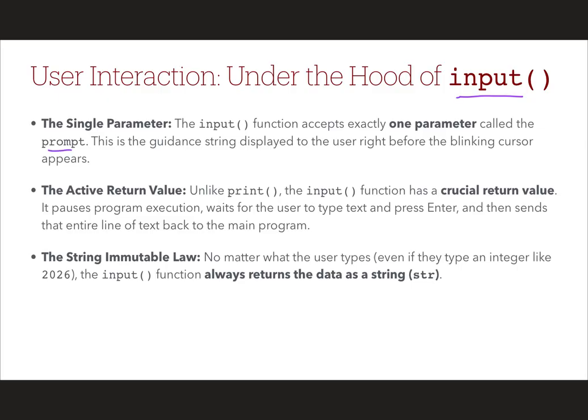Then this text prompt will be displayed on the screen so that the user can get some information regarding what he or she needs to type, right, from this prompt. And then when the user types something and hits the enter key, whatever is typed will be returned by this input function, right? It returns a certain text string.